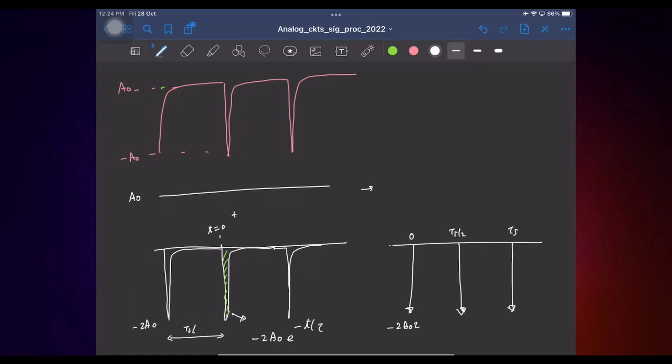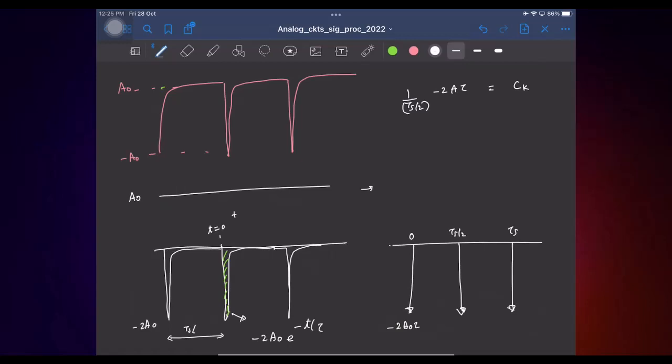If we have an impulse train like this, what are the Fourier coefficients for it? 1 by Ts times the area of the impulse, but here what is the time period? Ts by 2. So it is 2 times minus 2A0 tau by Ts, for all frequencies, right?